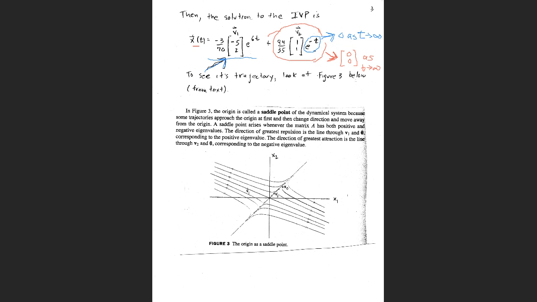And what is that? Well, negative 3/70 is a scalar, and e to the 6t power for some value of t will be a number, and then you're multiplying it by that vector. So as t gets large, the position of the trajectory is going to equal some multiple of the eigenvector v1, negative 5, 2.